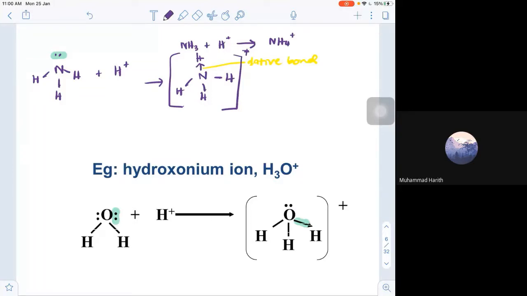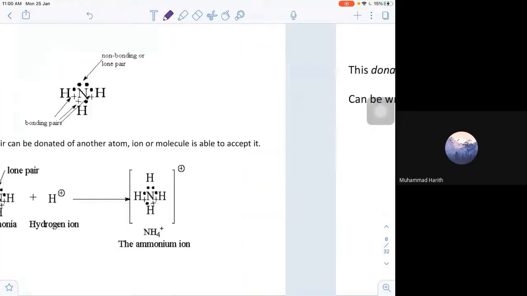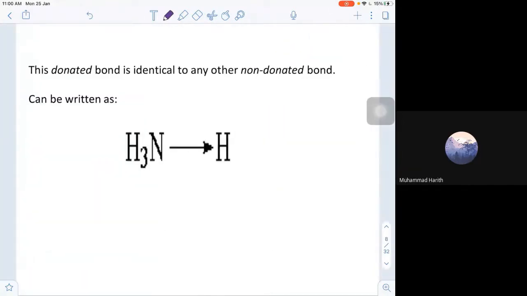Another example of a compound that forms this dative bond is the bond made in the reaction of BF3 and NH3. When the BF3 and NH3 react, they will form BF3NH3.